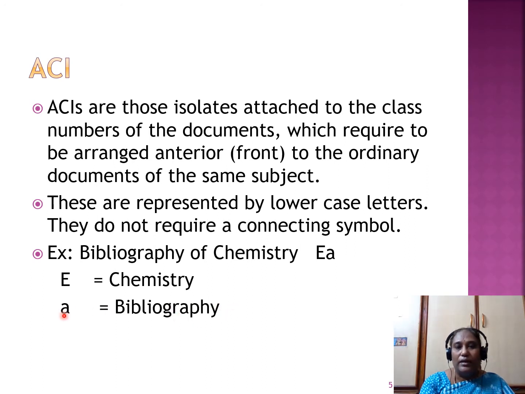Small a is a common isolate, an anteriorizing common isolate. That's why we are connecting this common isolate to the basic class without any connecting symbol. Here capital E is chemistry, the basic subject, and we are attaching the anteriorizing common isolate, that is bibliography, without any connecting symbol. So this is an anteriorizing common isolate.